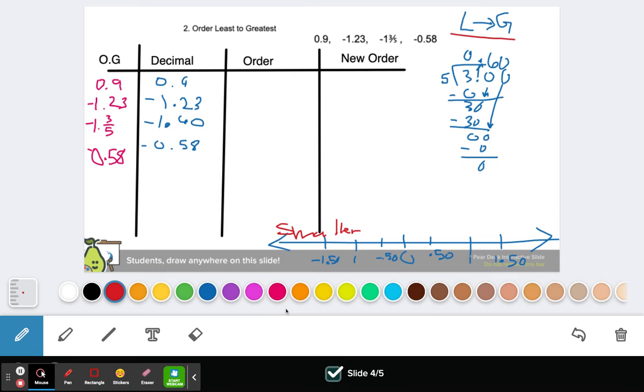So then now, just to kind of estimate, we're going to see where these numbers go. So negative 0.50 is this one. So like about here, we're going to have negative 0.58. Then negative 1.60, we're going to pretend like it's about here.